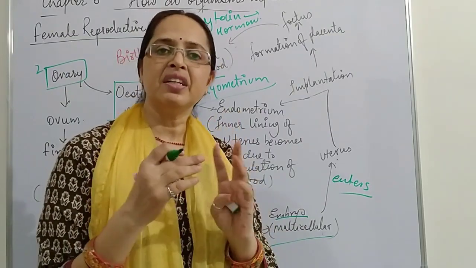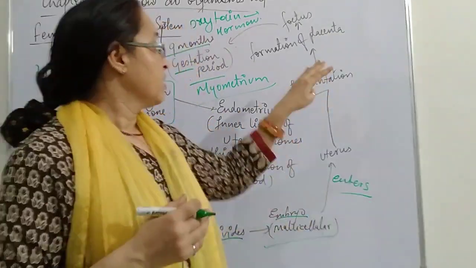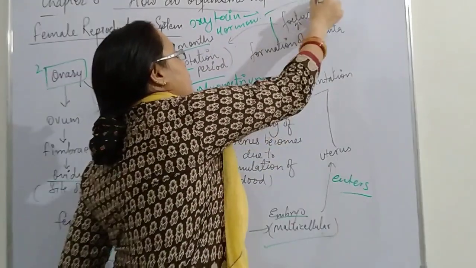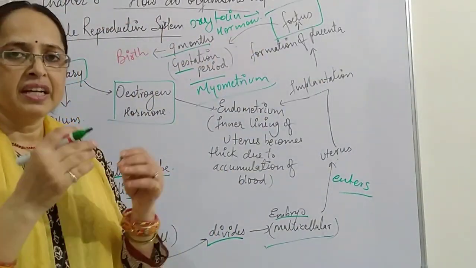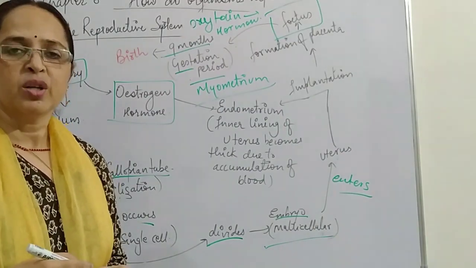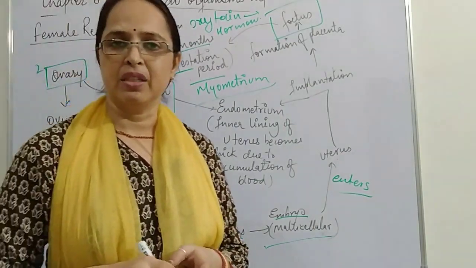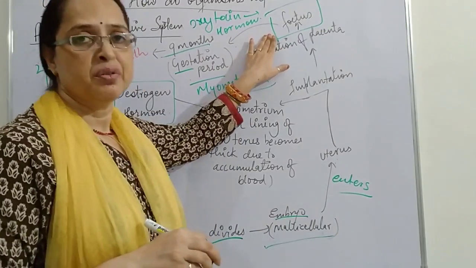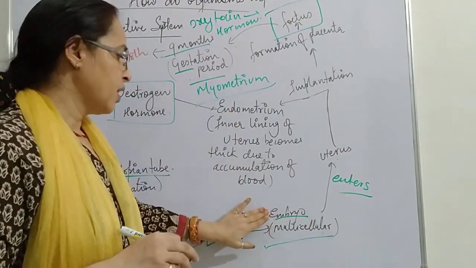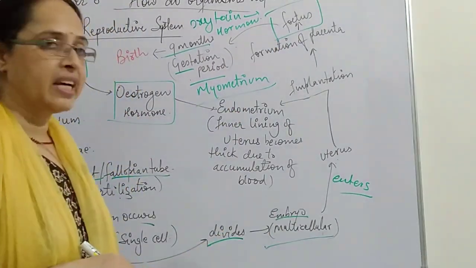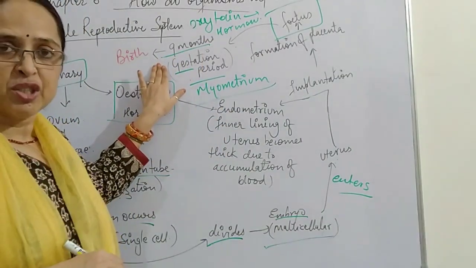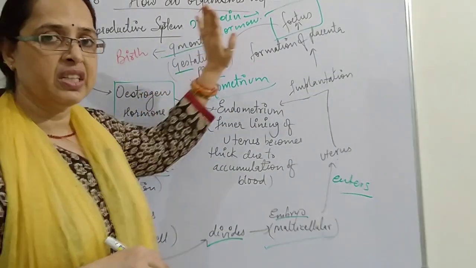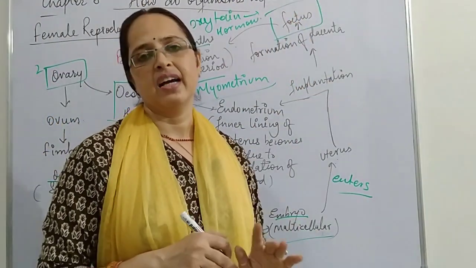So during the developmental phase we call it a fetus, and only after birth do we call it a baby, not the baby inside the mother. So we use the terms fetus, embryo and zygote. The fetus completes the gestation period, then the birth occurs, and then it is called a baby.